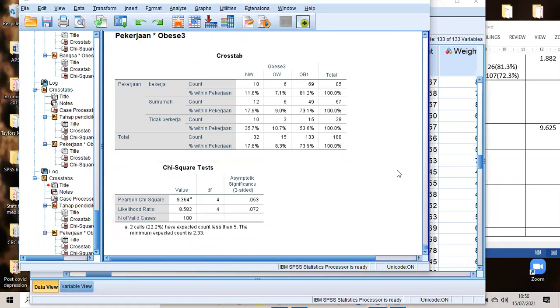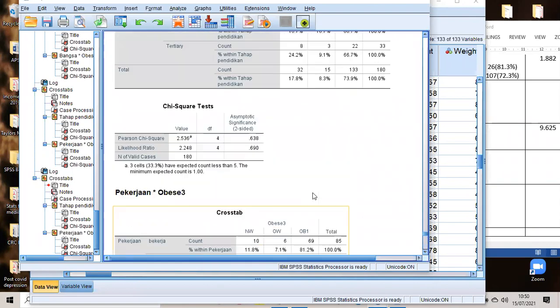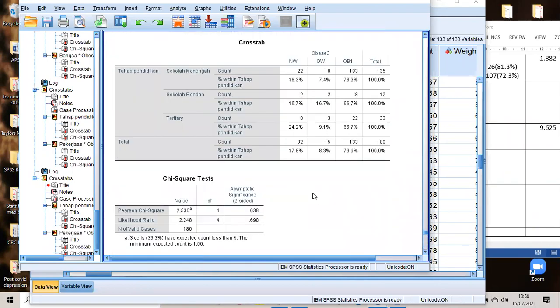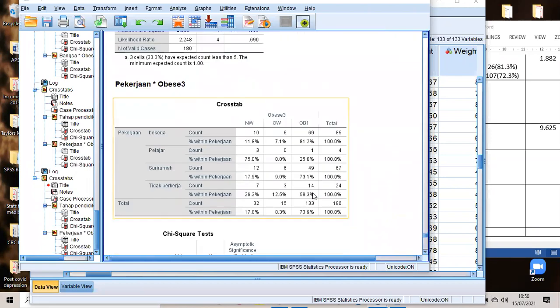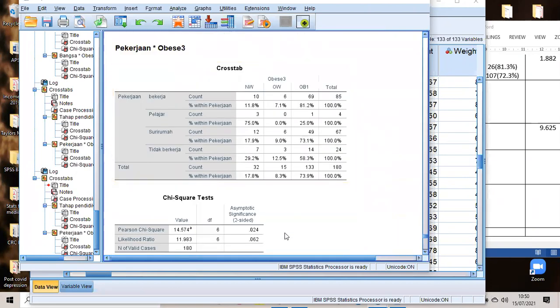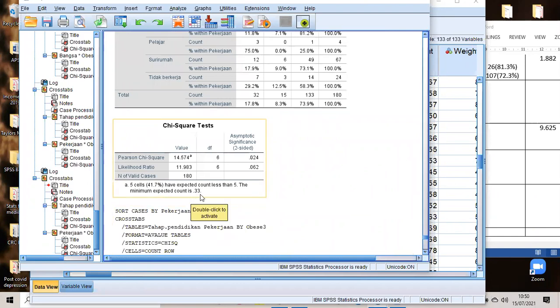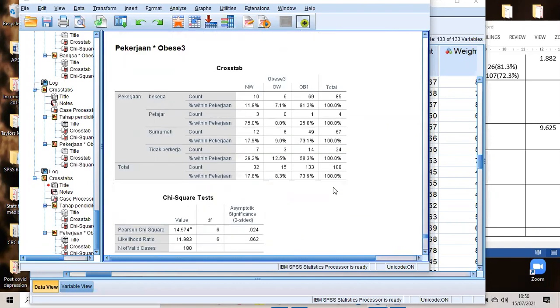Now, is it significant? No, slightly over. But just now, before I corrected it, there was a difference, right? Which one was that? Okay, here it was significant, but the results not valid. So what I did, I took the pelajar, put them under tidak bekerja.